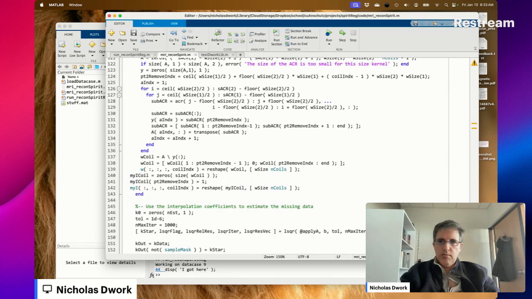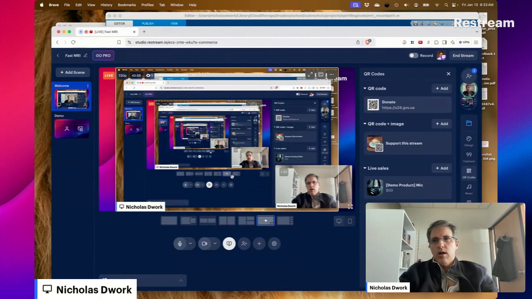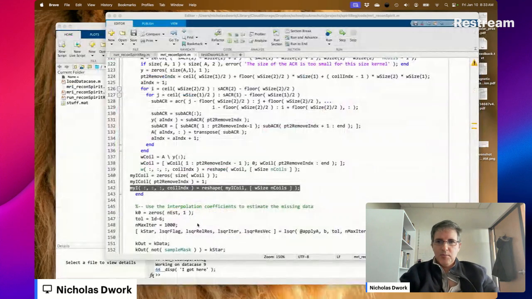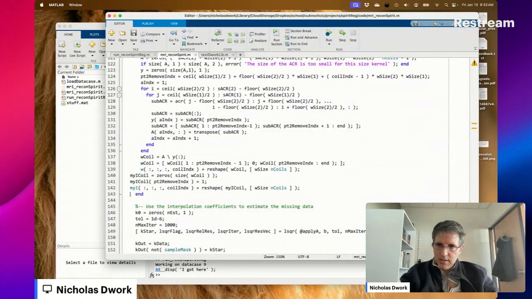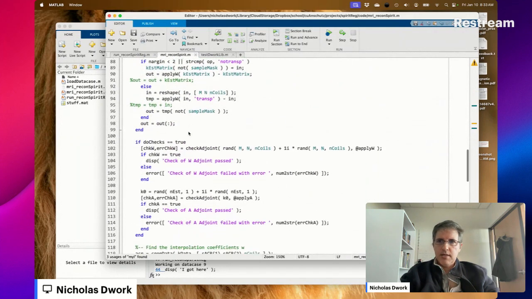My coil. My I. This is where we're at. I'm bored, so I'm wanting to check my email. Not bored, but stuck. Same thing. Okay, so now I have this identity matrix.